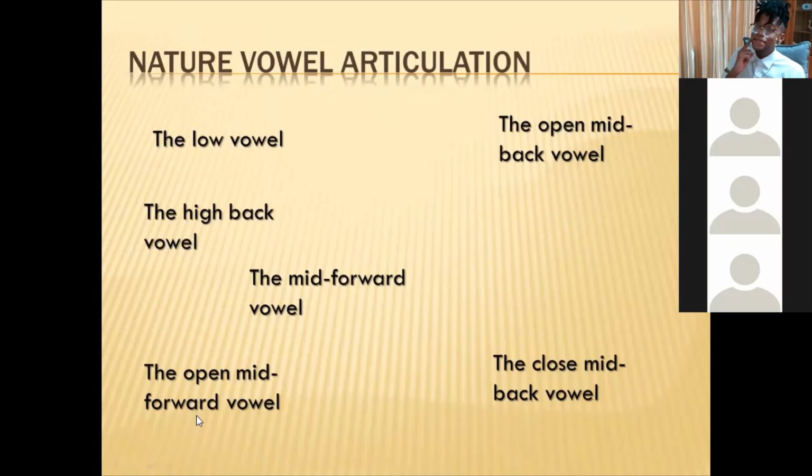Forward means that the tongue is in the front part of the oral tract. And then the high forward vowel would be the E. It means the tongue is in the high position within the oral tract. Forward means the horizontal position of the tongue is in the forward position within the oral tract. So E.